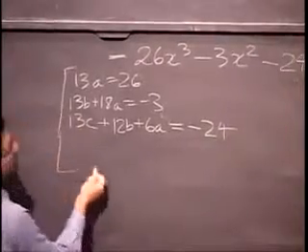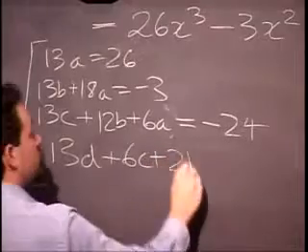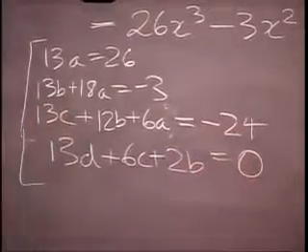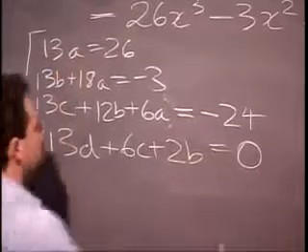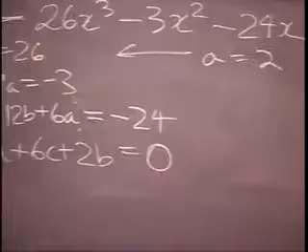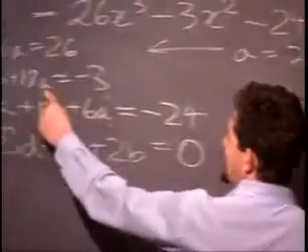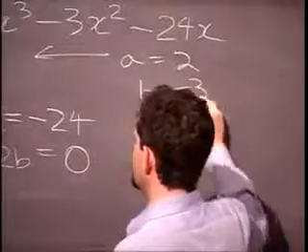And finally, the constant coefficient 13d plus 6c plus 2b equals 0. And this is a collection of simultaneous equations, which actually is not so bad. a equals 2 from the first one. And then 13b is negative 39, so b is negative 3.